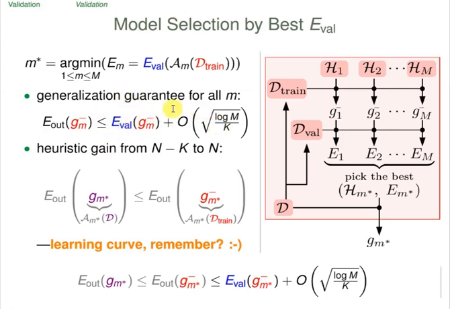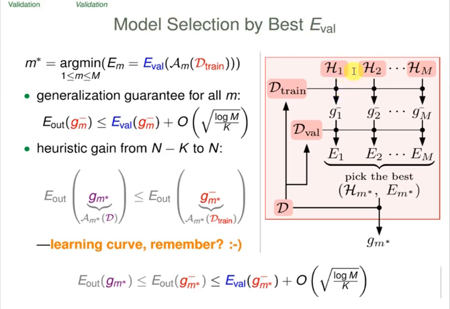The details of model selection via the validation set, or E-val, are shown graphically here. First, we take the entire data and split it into D-train and D-validation. Second, we consider M hypothesis sets, H1 to HM, with different hyperparameters.